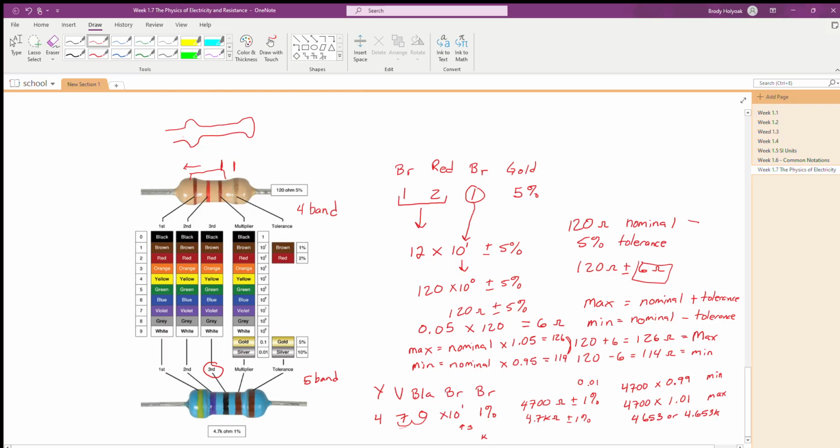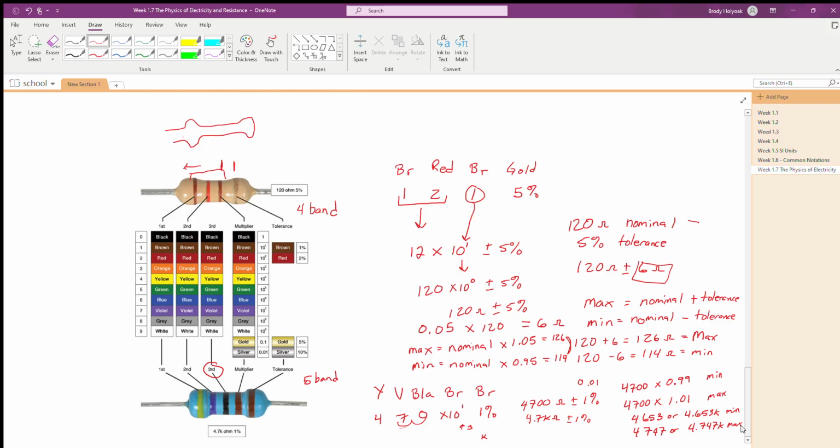And then my max is 4,700 times 1.01, which is going to give me 4,747 or 4.747K. So there's my min, there's my max. So there's my values. So that's how I use my resistor color code to determine the values of these resistors.